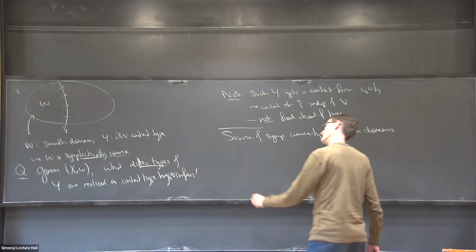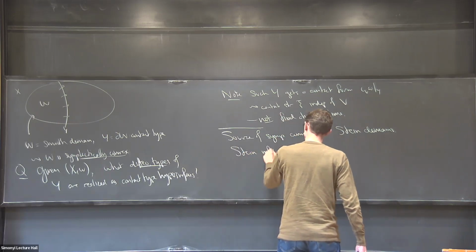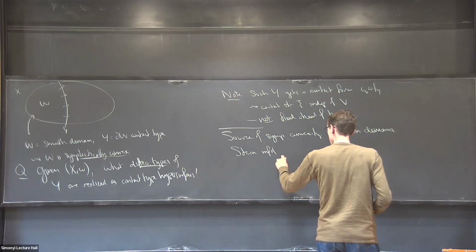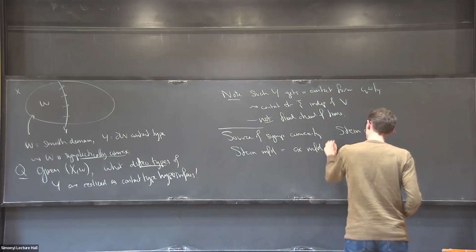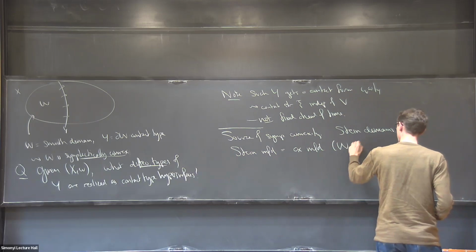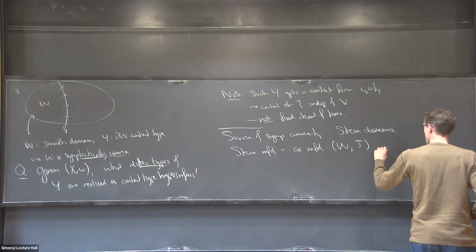So what's a Stein manifold? Well, there are lots of definitions, but one is that the complex manifold, which I think of as W, with an integrable complex structure J, admits a J-convex Morse function.